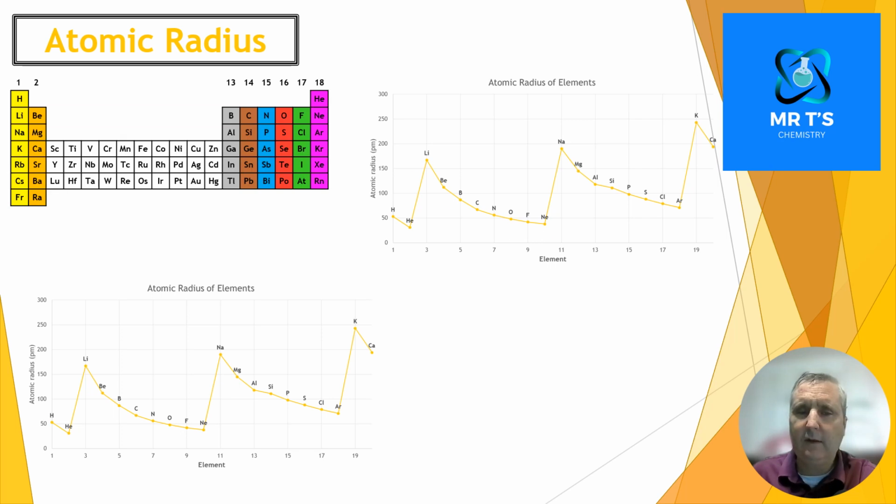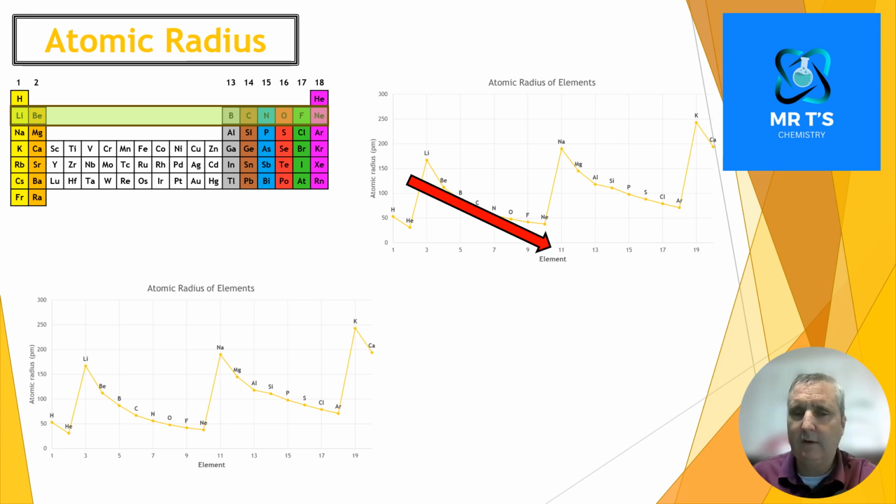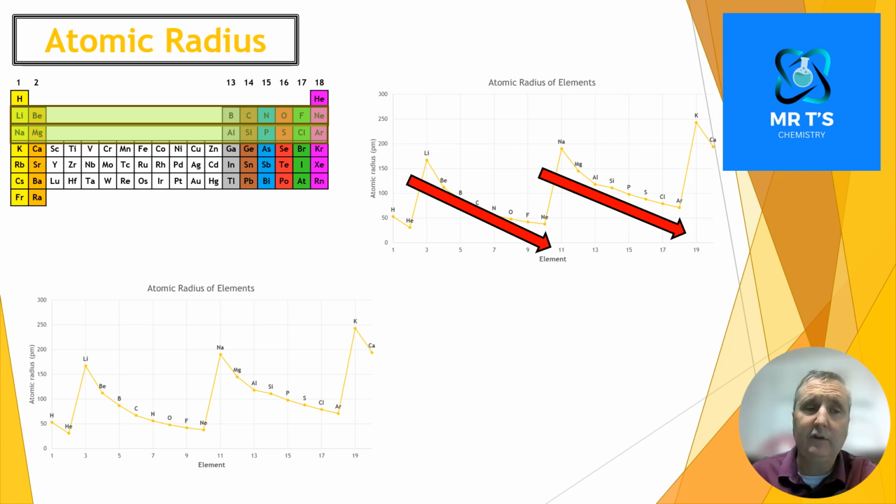When we go across a period from lithium to neon, we see a decrease in the radius of the atom, or decrease in atomic radius. When we go across a period from sodium to argon, we also see a decrease in atomic radius. And actually, every time we go across a period in the periodic table, we will see a decrease in the radius.